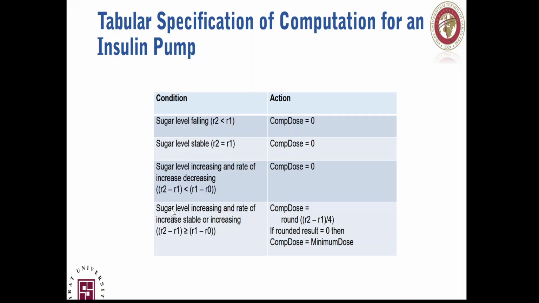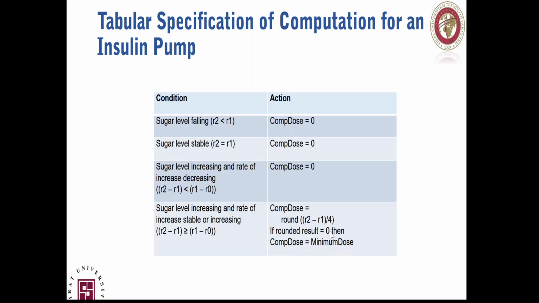Now imagine that the sugar level is increasing, but the rate of increase is stable or increasing, not like this, either greater than or equal. So in that way, we know that we have to compute the dose based on what? Rounding R2, the current reading, minus the previous reading over 4. And in that case, we will get the dose. If the dose is rounded to 0, then we give the minimum dose.